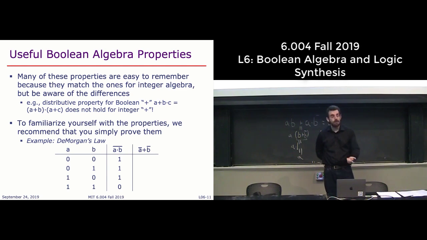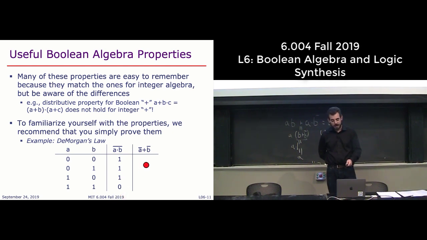So you can just do this by, for all combinations of values A and B, seeing where the values match. In this truth table, A and B is 0, 0, 0, 1, so not (A and B) is 1, 1, 1, 0.